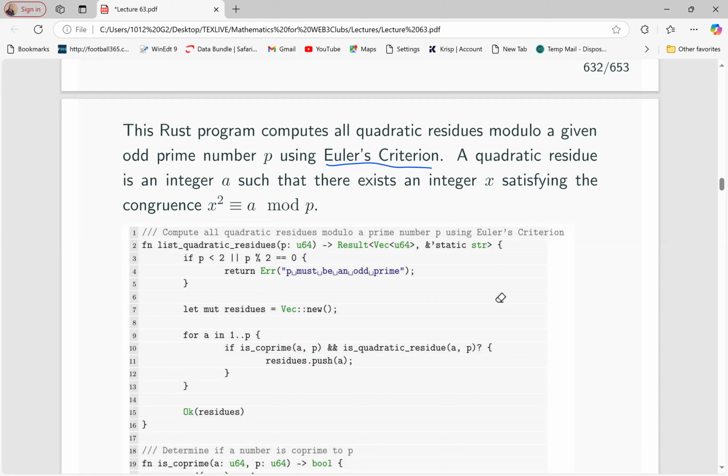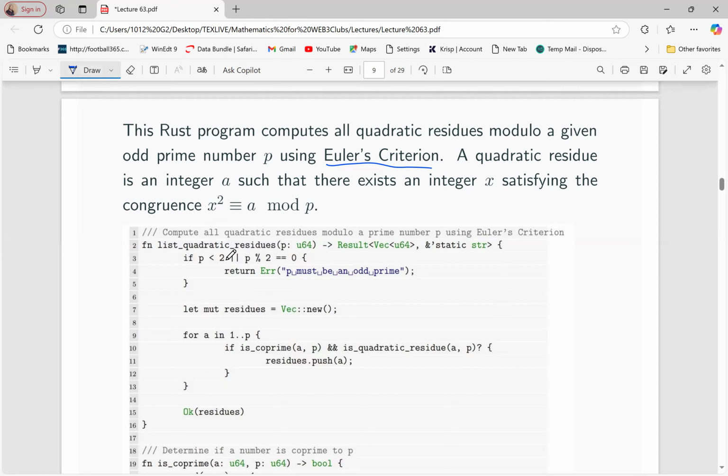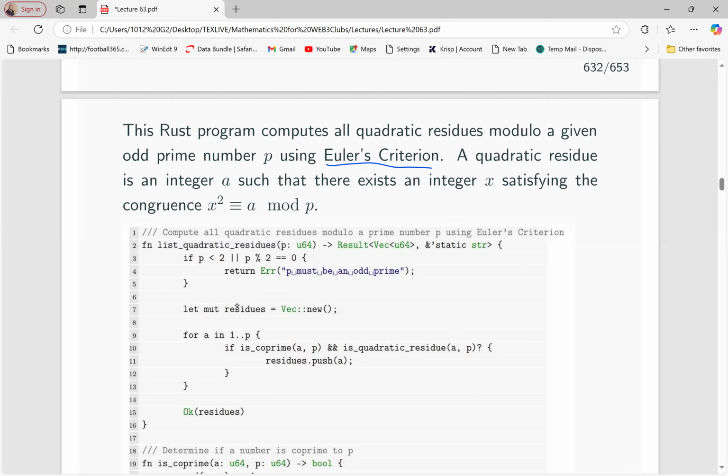But if you've given it a correct P, then it will begin by letting the residues be empty. So it creates an empty vector where it will store those residues.